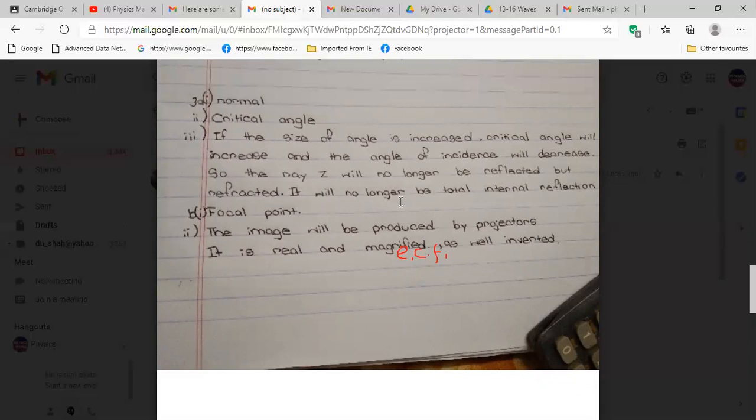Sir, I wrote the size of angle is increased. It's increased, this is one thing, and double is another thing. We need specifically double, because it's following the law of reflection. So if it is 1.5 times, then that is also 1.5 times.